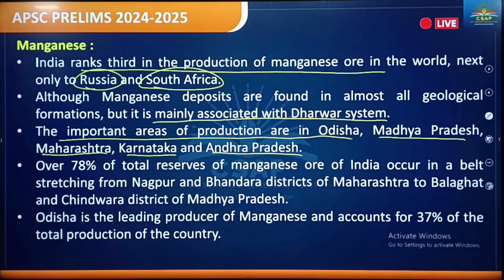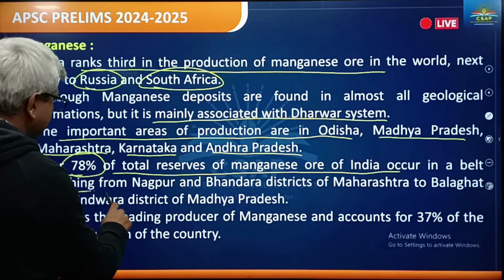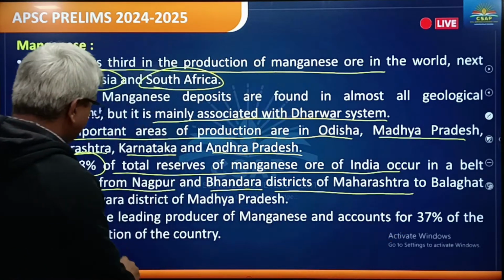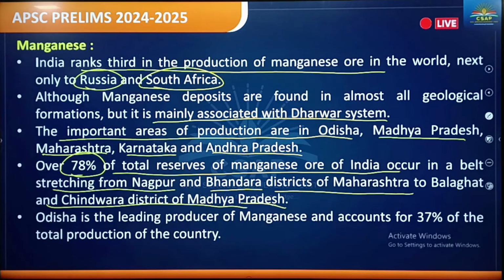Over 78% of the total reserves of manganese ore of India occur in a belt stretching from Nagpur and Bhandara districts of Maharashtra to Balaghat and Chhindwara district of Madhya Pradesh.